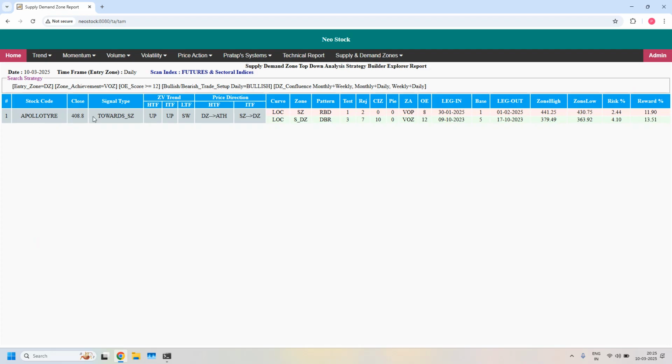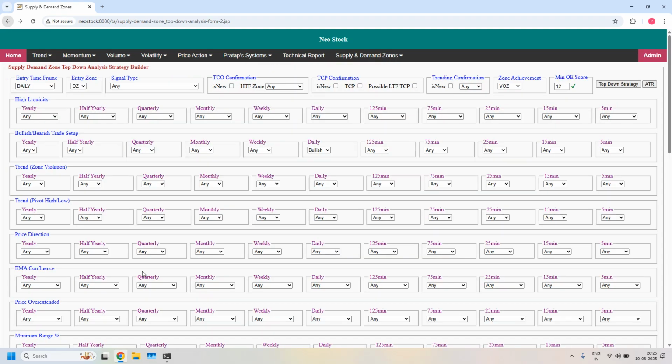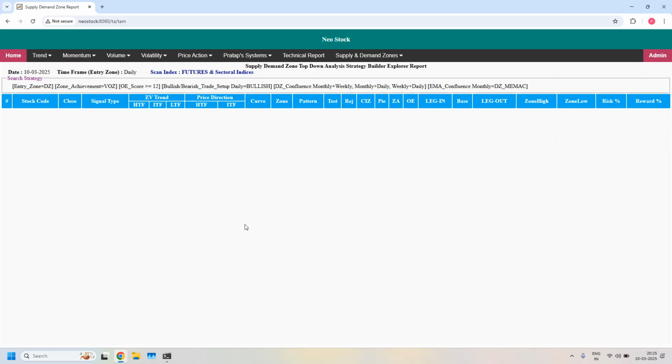Let's check if this has a monthly demand zone having monthly EMA confluence. So it does not have monthly EMA confluence. Okay, this is the bullish trade setup for monthly income trade.